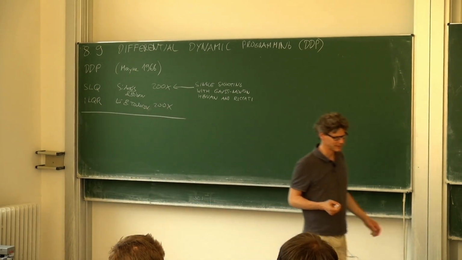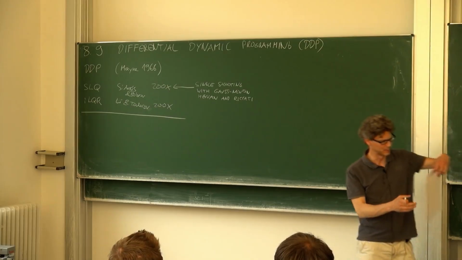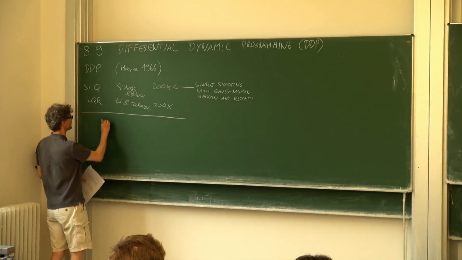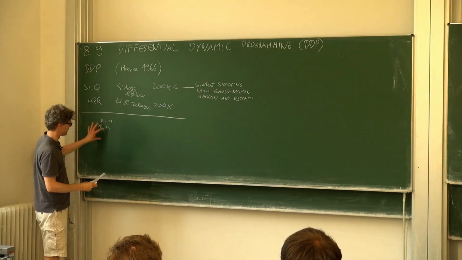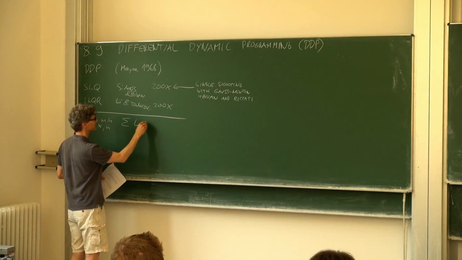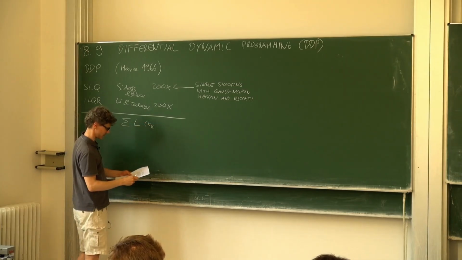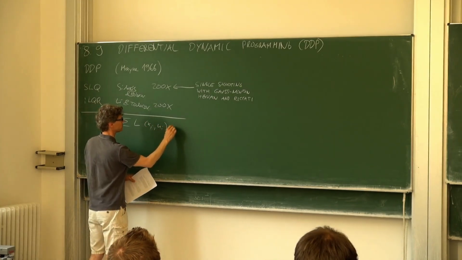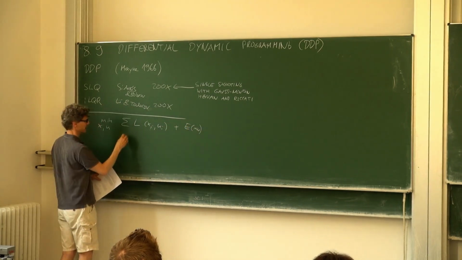So maybe to start, I would just like to recall the optimal control problem that we want to solve. And that is the minimization over all trajectories in X and U. X and U are now discrete time trajectories, and my objective is the sum of stage terms, maybe I make them depending on i, plus a terminal cost depending on x_N, so this classical thing.